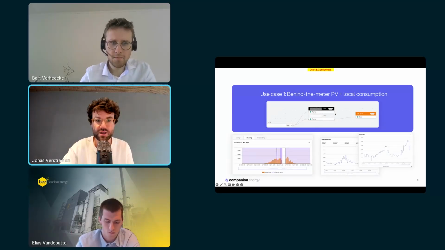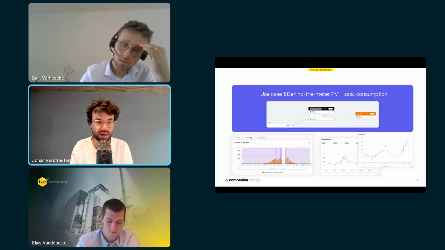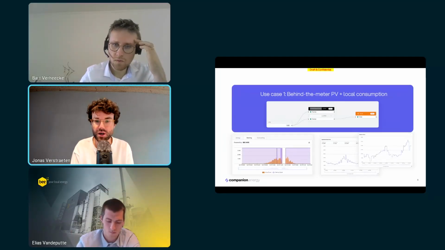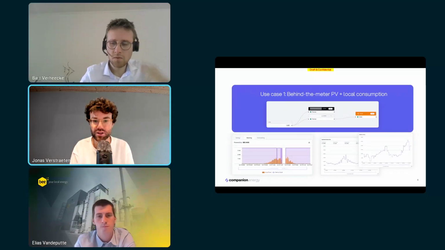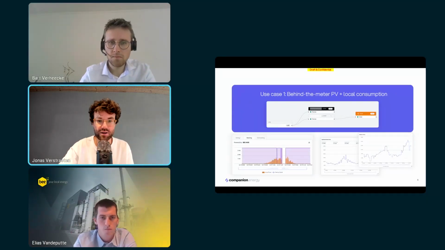A first case, and I'll explain that a bit, is a case with a larger PV installation just below 4 megawatt, where we are optimizing that PV system both on the day ahead market and on the imbalance market. So you can see some screenshots from the Companion.energy platform.